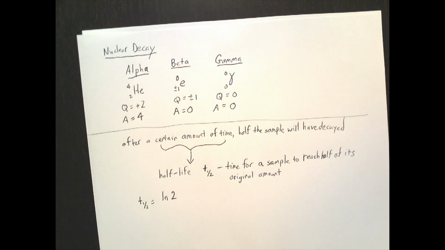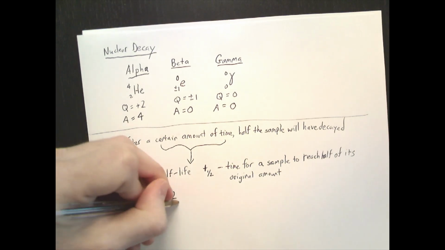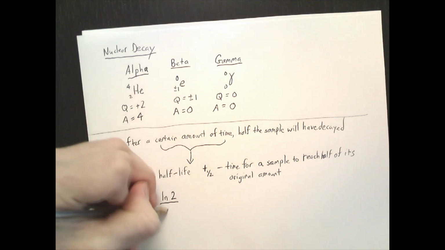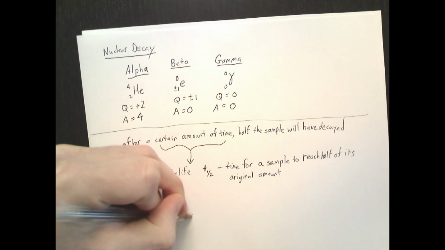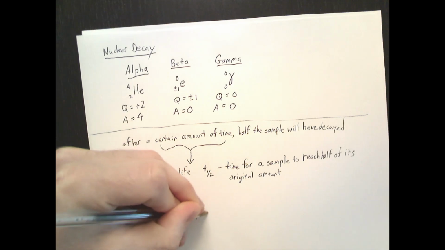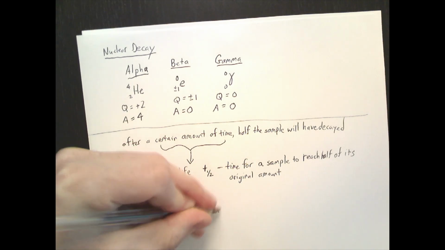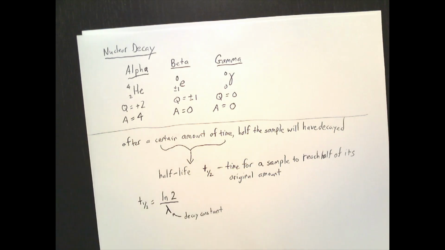After each half-life, you only have half of the sample left. We want to model that with an exponential function, and this ln2 helps us make that conversion, divided by this lambda here, which is known as the decay constant.